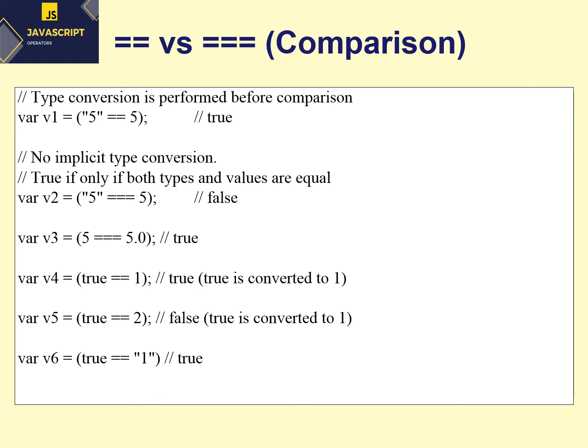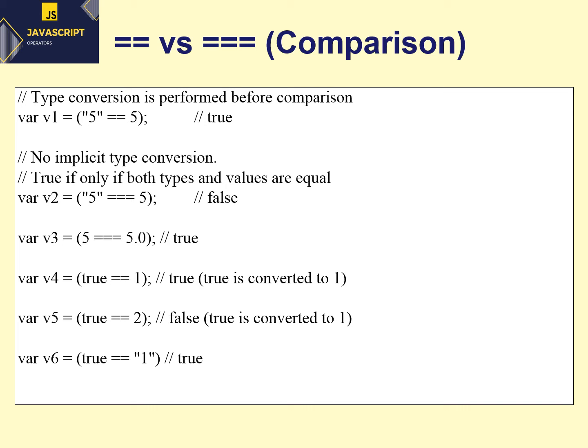Now comes the fourth expression. Variable v4 is equal to true double equal to 1. We know that as per Boolean logic, true is always considered as one value and false is considered as zero value. So here we are using equal to comparison between true and 1.